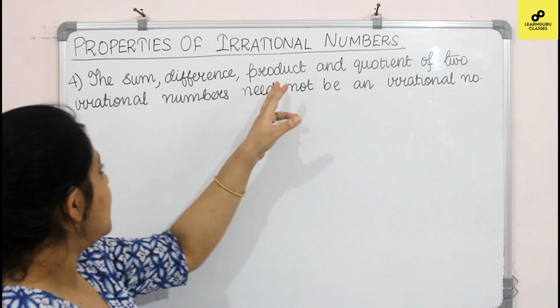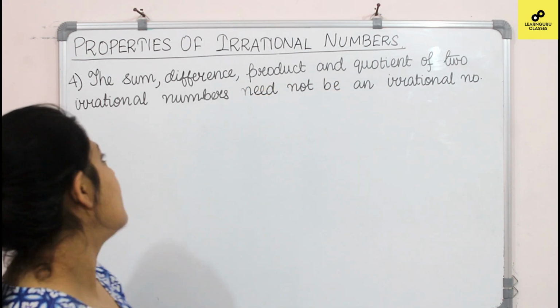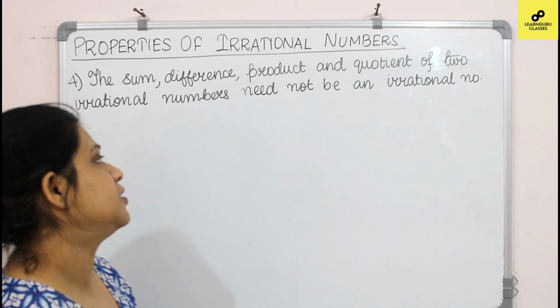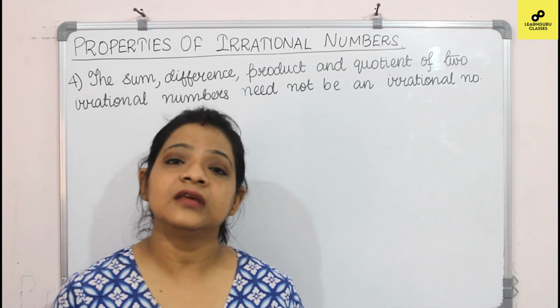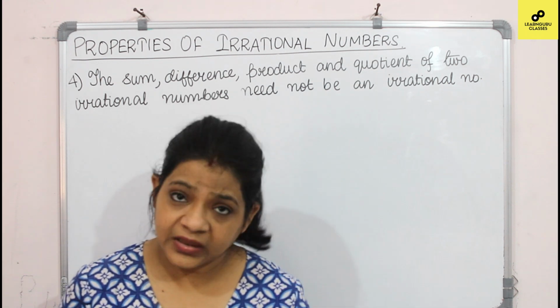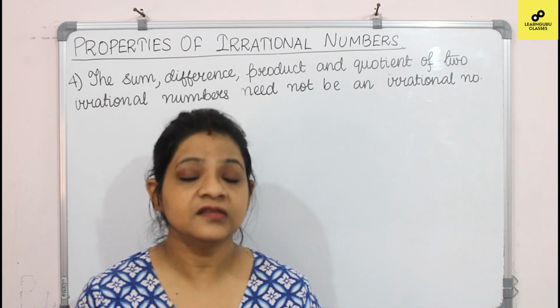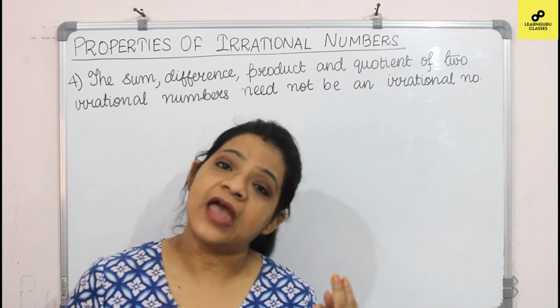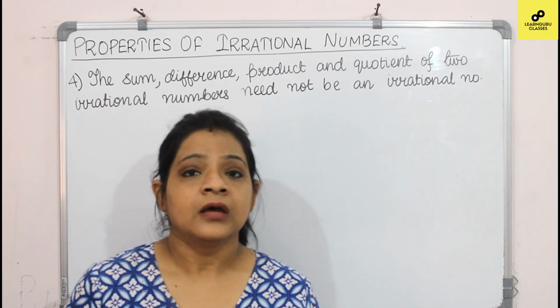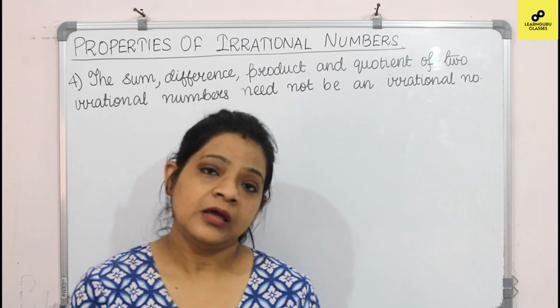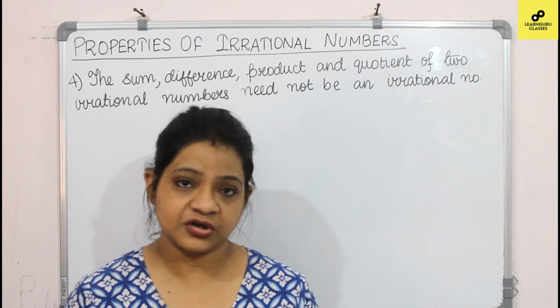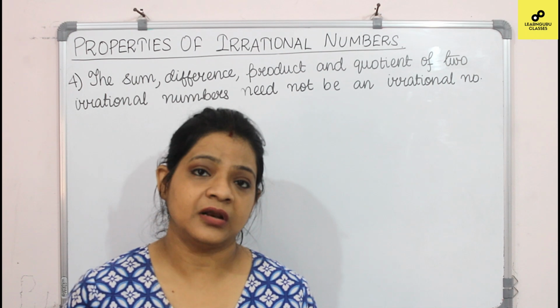The fourth statement is: the sum, difference, product and quotient of two irrational numbers need not be an irrational number. So what is it? In some cases, not in all cases, if we add two irrational numbers, the result may be a rational number. If we subtract two irrational numbers, the result may be a rational number.